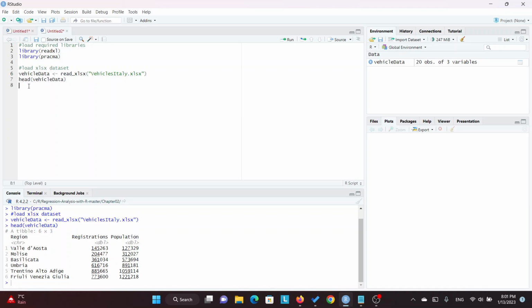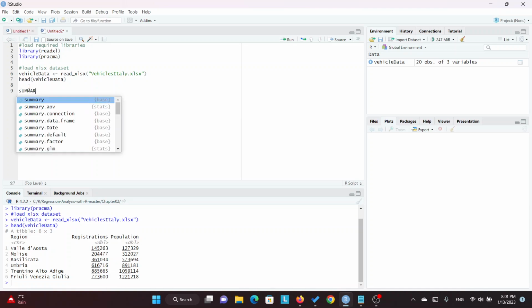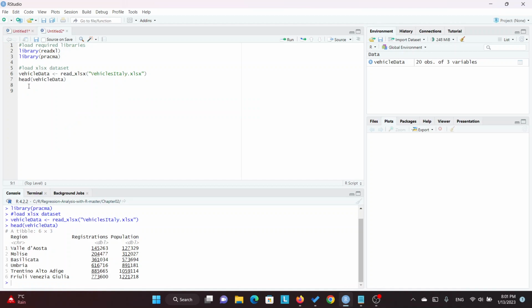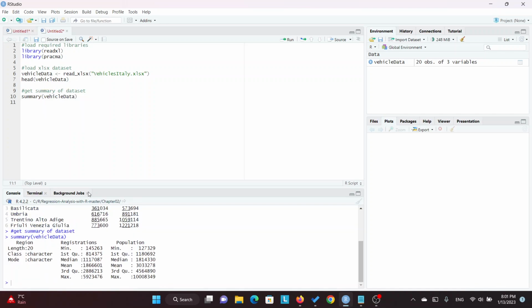The next step we're going to do is get a summary. Make sure you comment on every step what you're doing. So we're going to write get summary of data set, and run the function summary on our data set, that is vehicle_data.